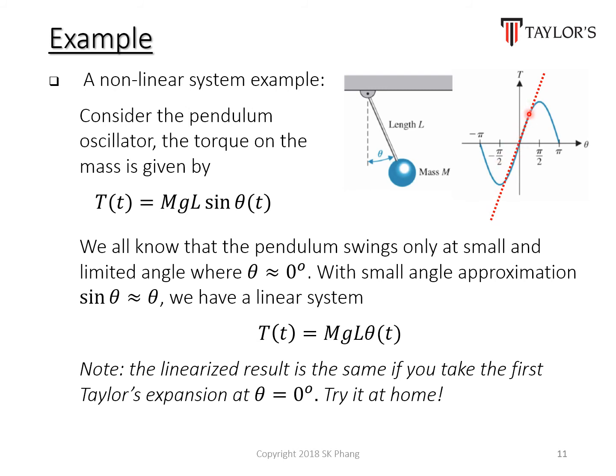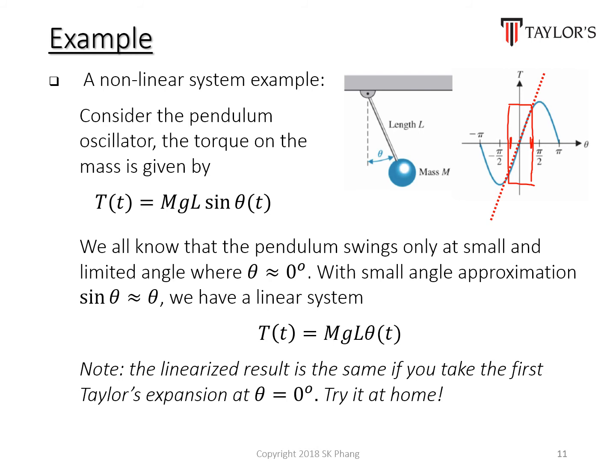For example, in the angles that are very small, let's say below 45 degrees and above negative 45 degrees. So let me draw out the angles. Let's say starting from here and ending here, at this particular region, if I draw a box out, you'll notice that this straight line superimposed with our curved line is almost exactly the same.